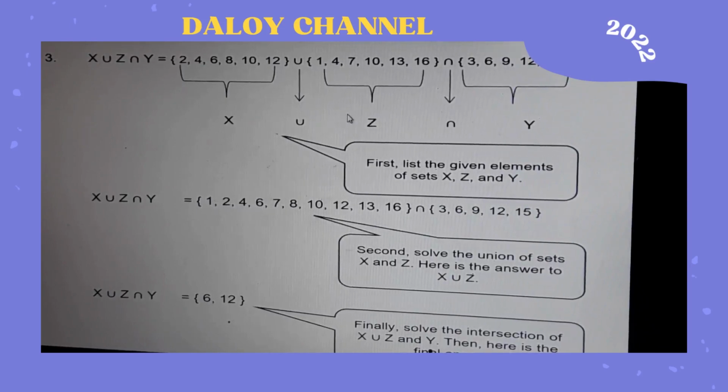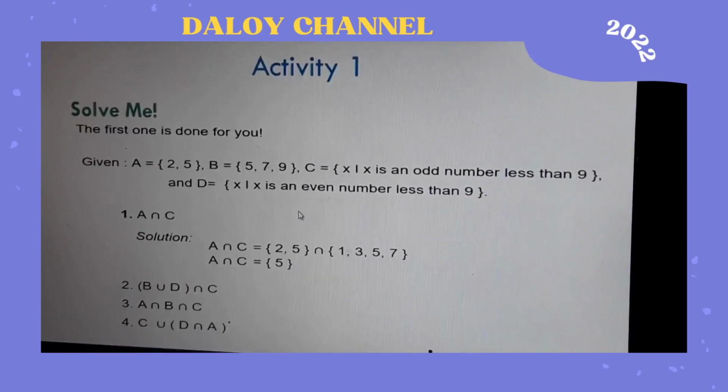That should be the procedure. We can start from left to right. Simplification. Now, finding the common between the intersection of X and Z compared to Y, the common elements are 6 and 12. So that would be the final answer.